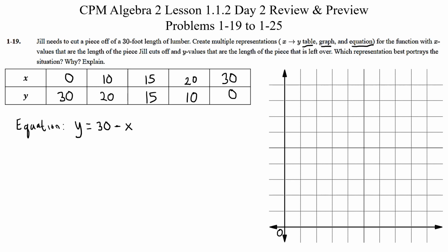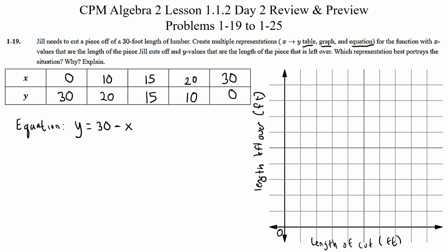So x is the length of the cut, and y is the length left over, and both are being described in feet. We normally put the unit of measure at the end in parentheses.